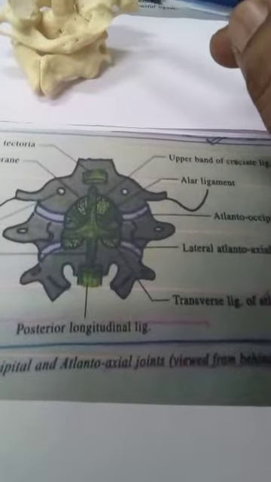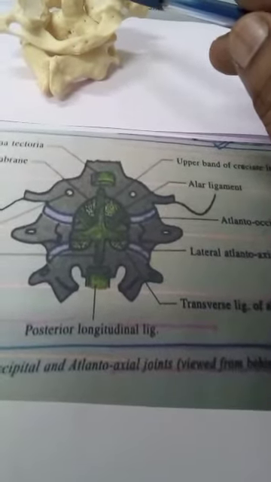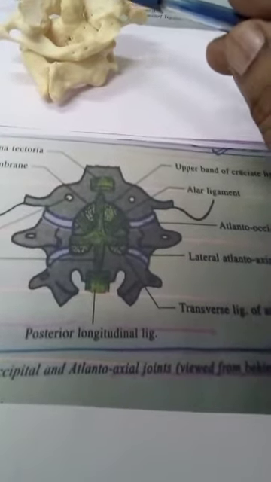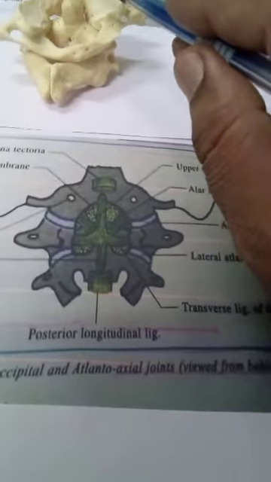The facet of the atlas is concave, directed upwards and medially, kidney shaped. The articular surfaces of both bones are reciprocally curved.